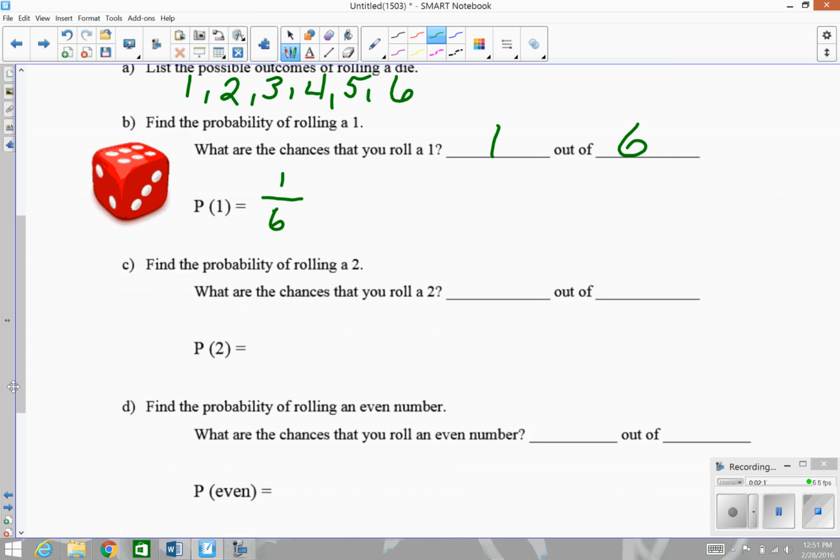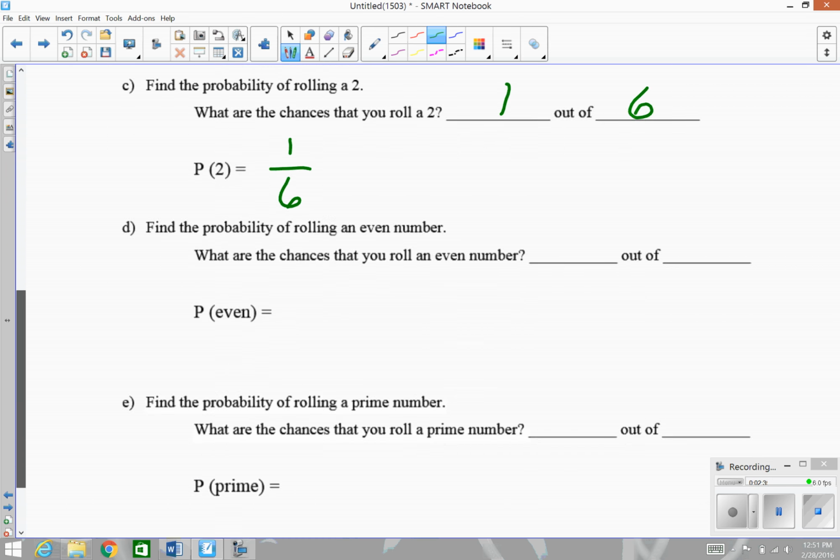Now think about rolling a 2. How many 2s are there? Well, on a standard die, there's only one number 2 out of a possible 6. So again, probability of rolling a 2 is 1/6. And we can continue.